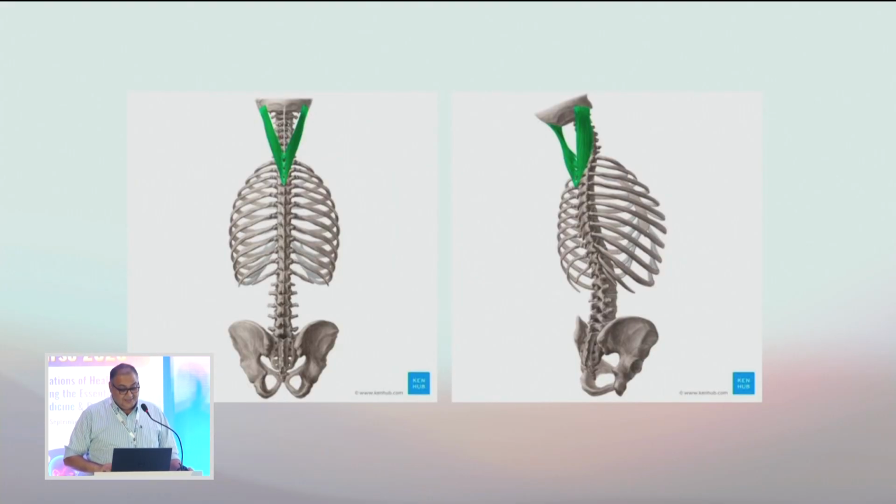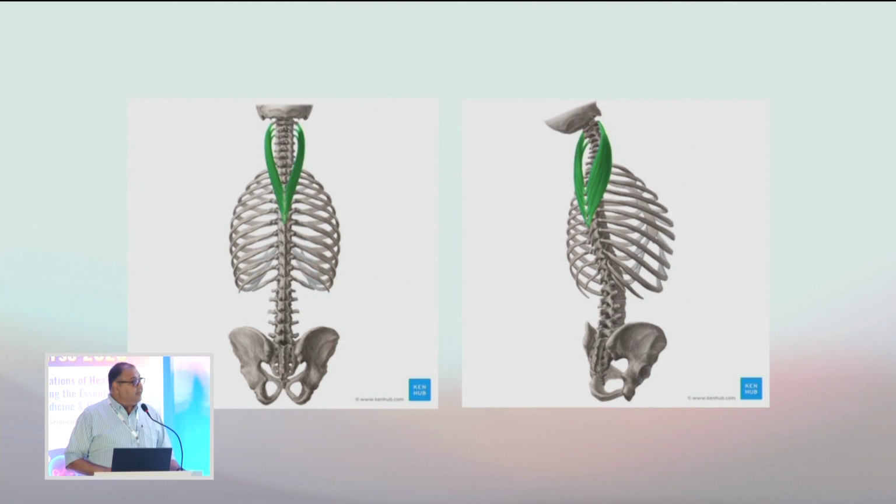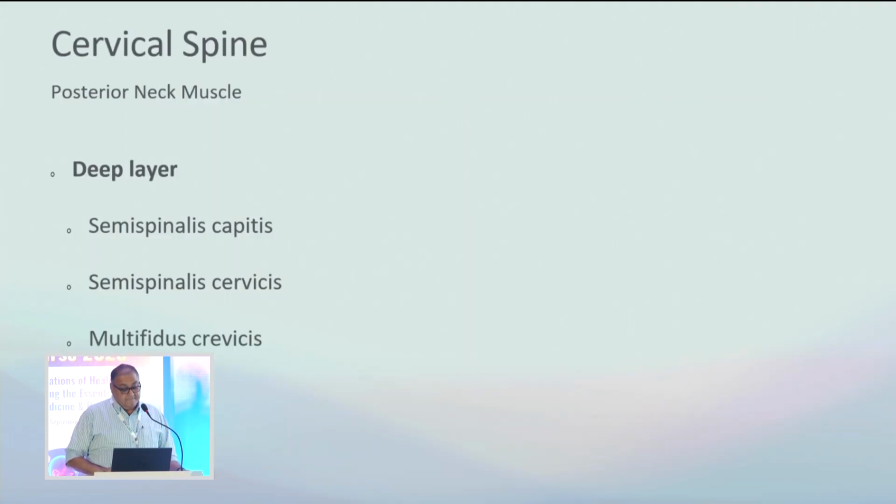All right. Then we have splenius capitis, a very important muscle, not only for pain, but also for dystonia. Then we have splenius cervicis, because it is going to the cervical spine. Then we have the deep layer. There are 4 layers, the superficial layer, then the deep layer: semispinalis capitis, cervicis, and multifidus.